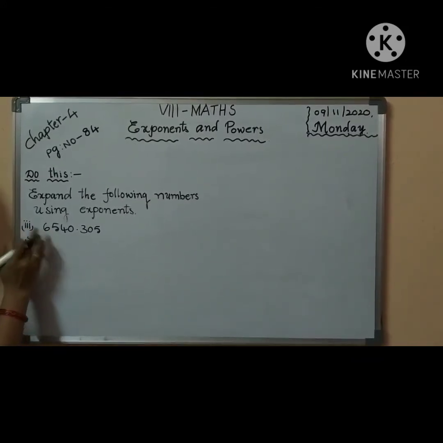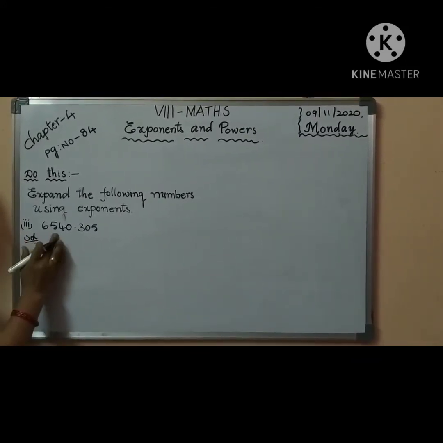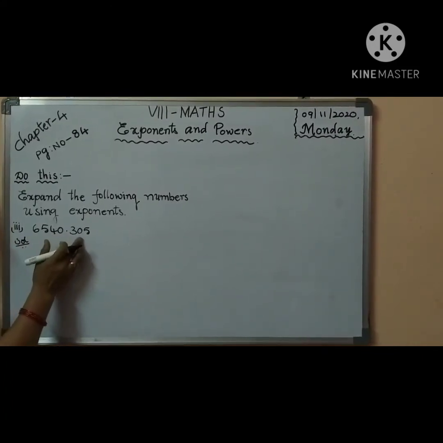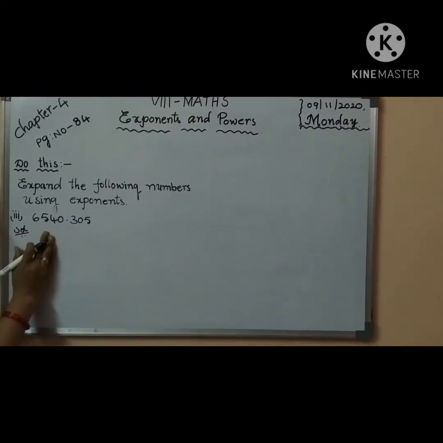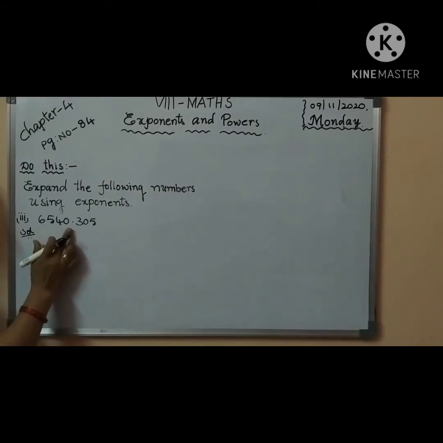Third problem. Here, before the point there are 4 digits, and after the point 3 digits.